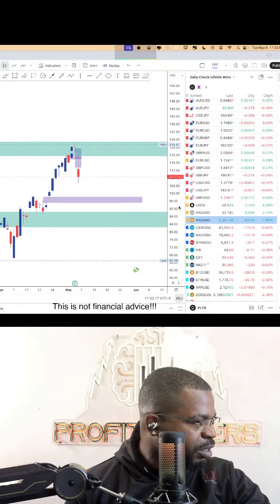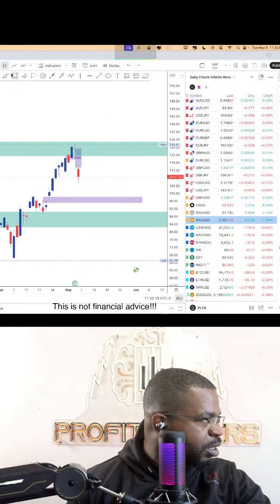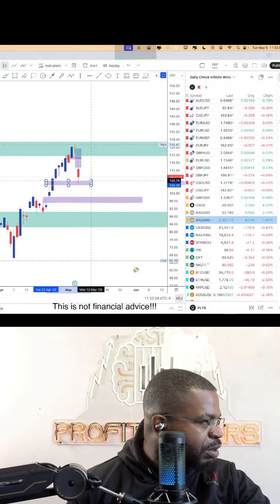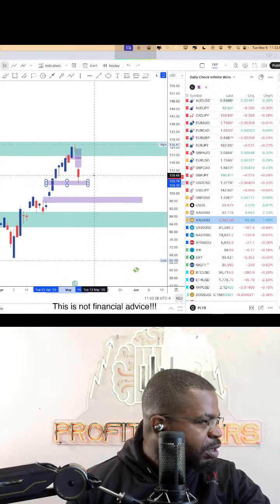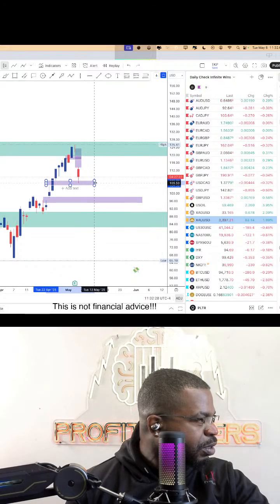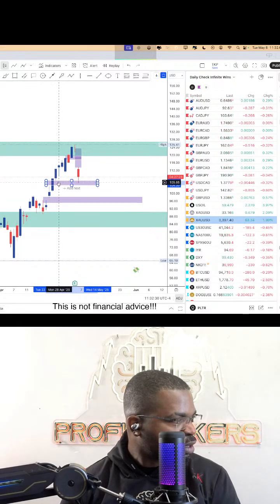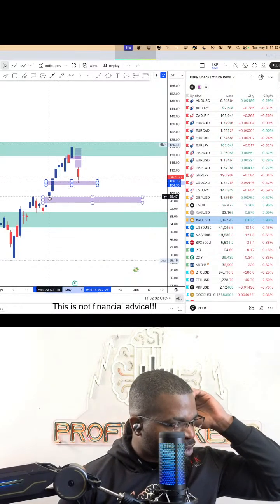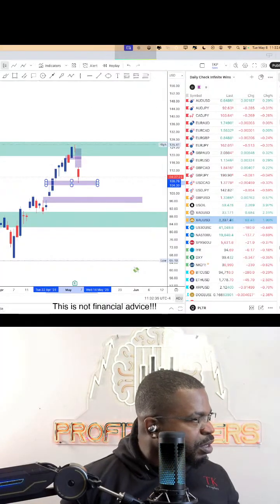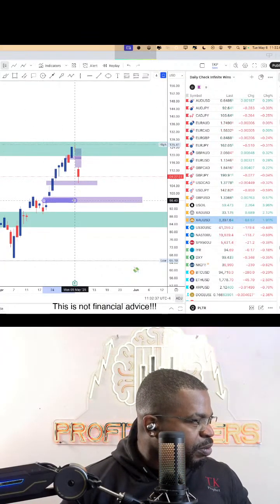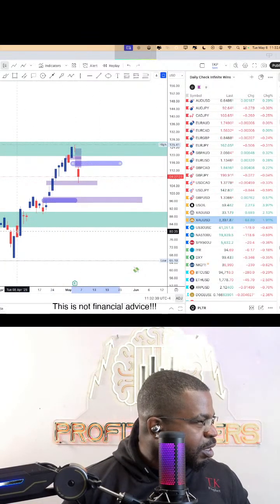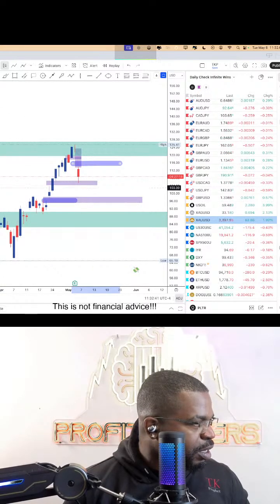Alright, so this is the thing. Since price just hit this gap right here, these fair value gaps, they're the same thing as a gap in price. When you see gaps like this, they are the exact same thing as this.